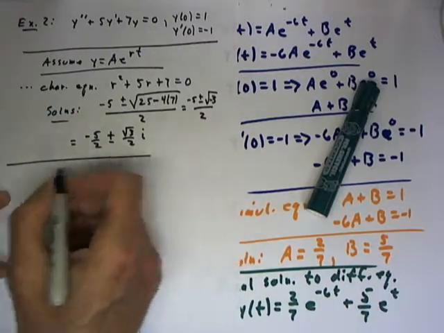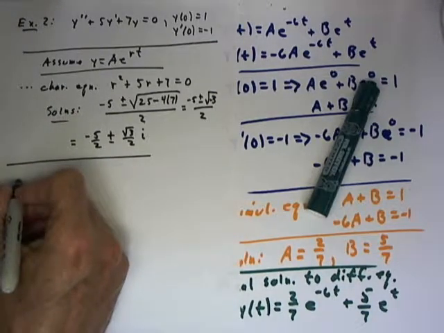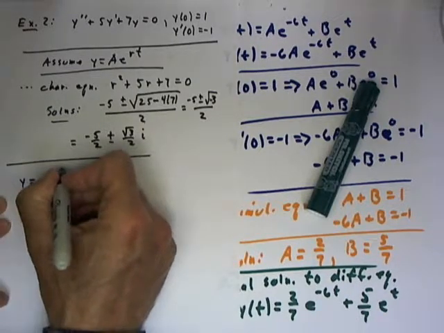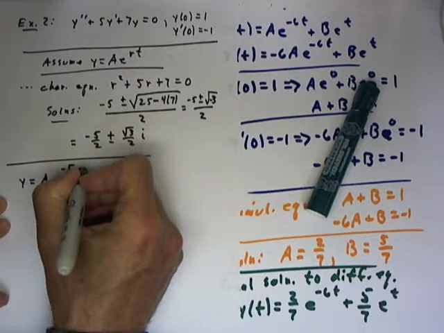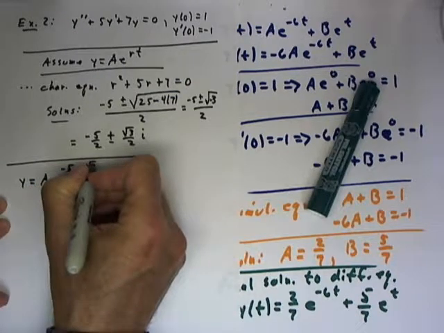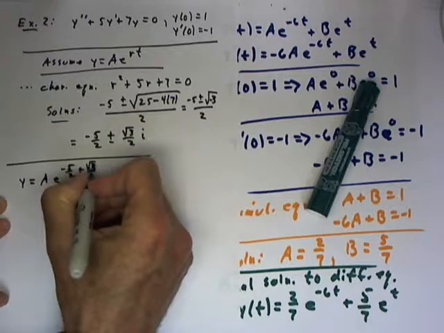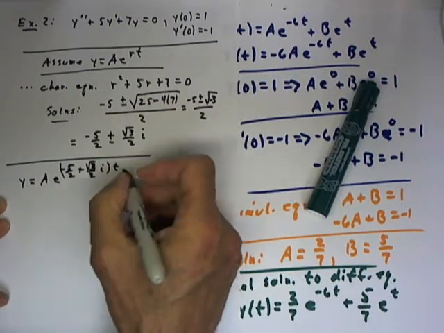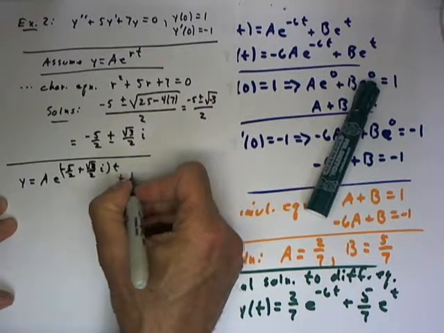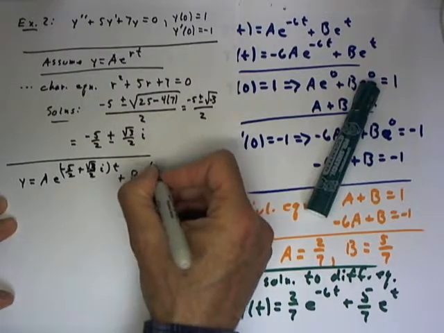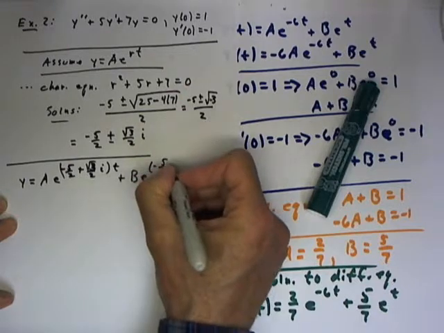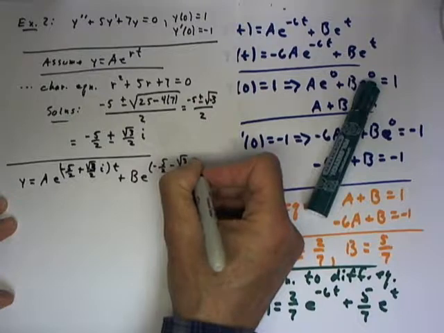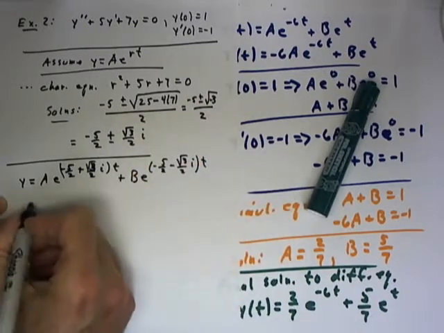From this we find that y is going to be a e to the quantity negative 5 halves plus the square root of 3 over 2 i, multiplied by t, plus b e to the quantity negative 5 halves minus the square root of 3 over 2 i, multiplied by t.